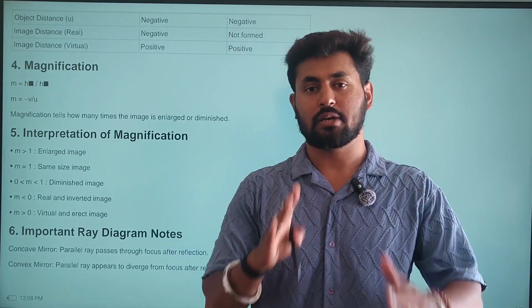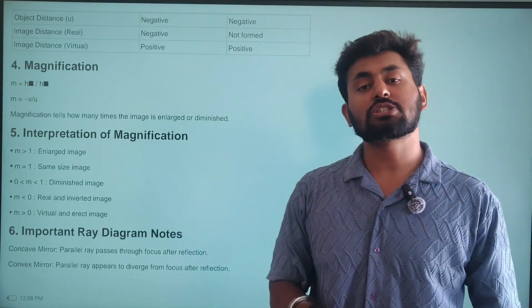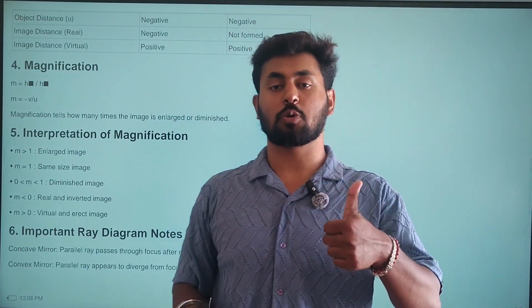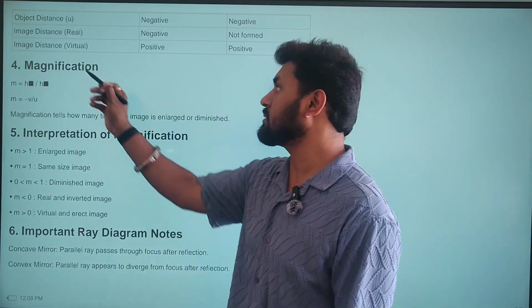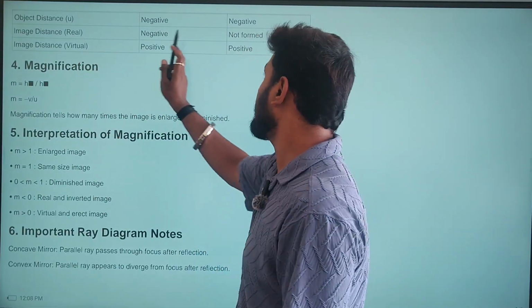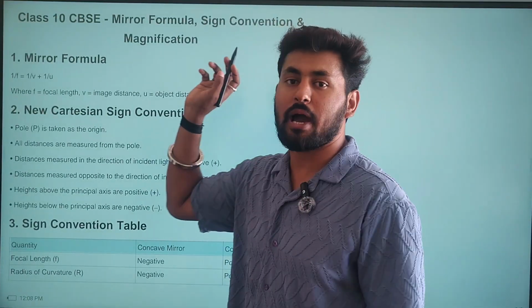Please keep this in your mind. This is very important. Whenever image is virtual and upright, it is taken as positive. Whenever image is real and inverted, it is taken as negative. Same thing has been shown over here. Image real, negative, and not formed, because it will form at infinity.